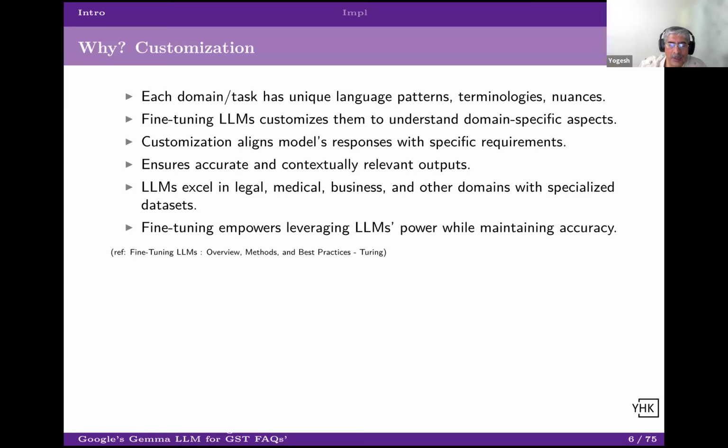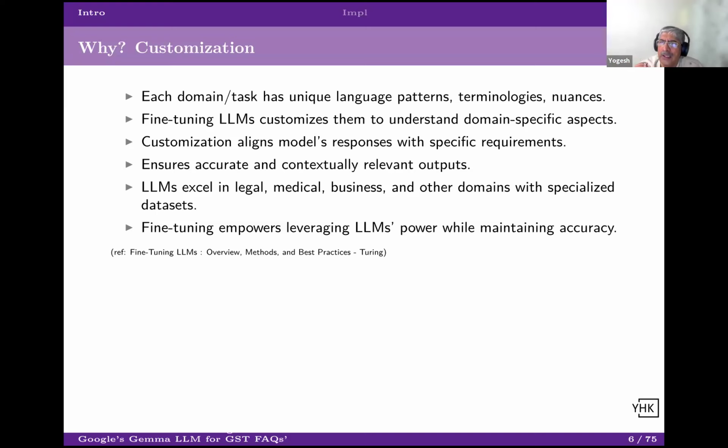So if you are building something specific to say healthcare or civil engineering, you'll have to have those documents, those custom data sets with which you will fine tune a generic model. So fine tuning LLMs customizes for the domain specific aspects. That's the main idea, and I'll be touching upon this point in multiple slides later on.